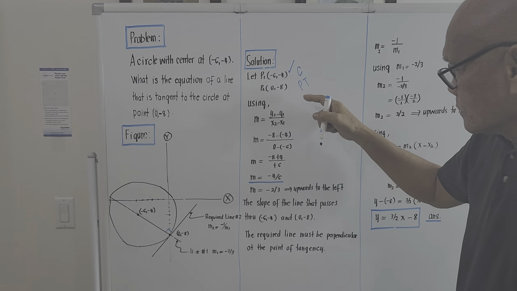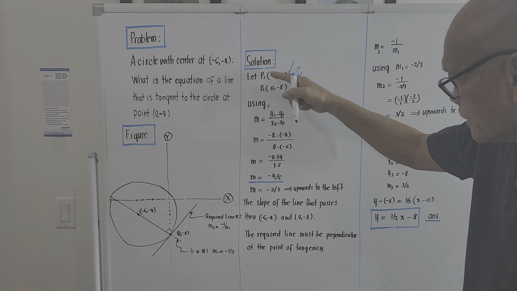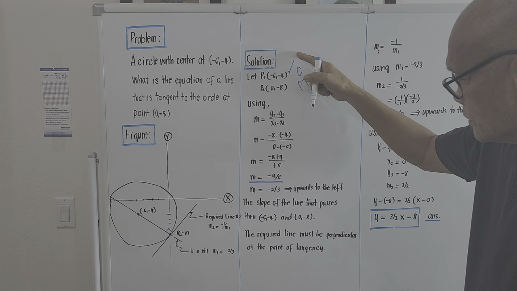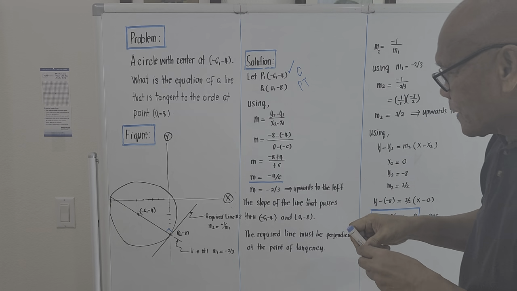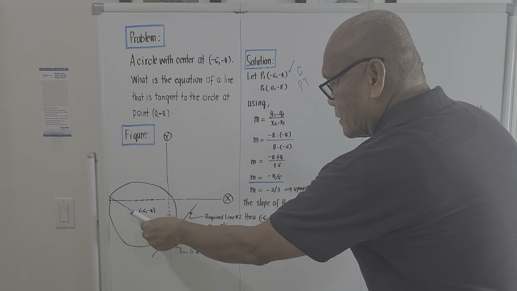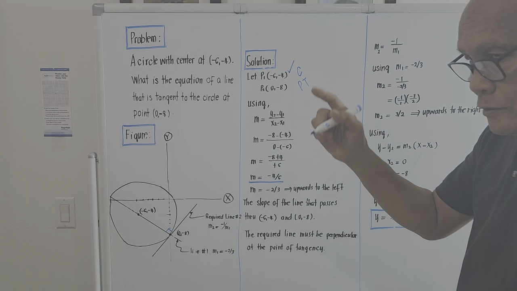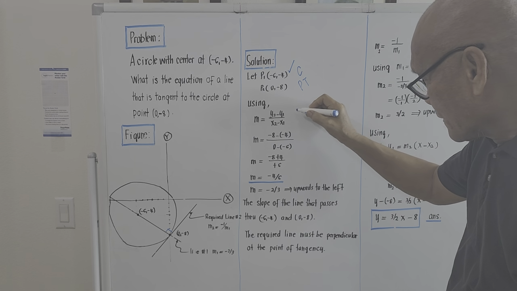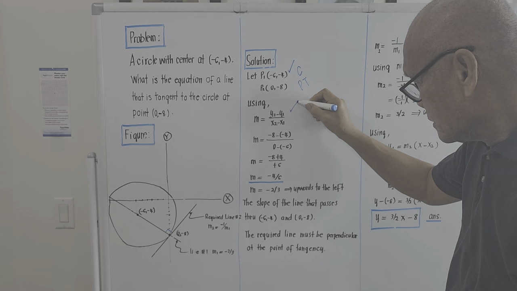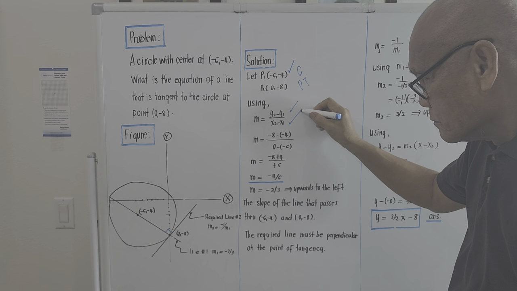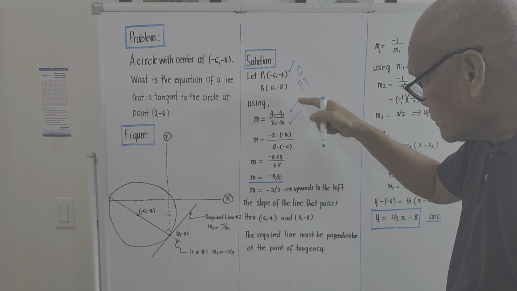Right? So considering point number 1 and point number 2, if a line passes through these 2 points here, we could compute for the slope. And actually, by definition, slope is the difference in ordinates over the difference in abscissas. We can interchange which is first.